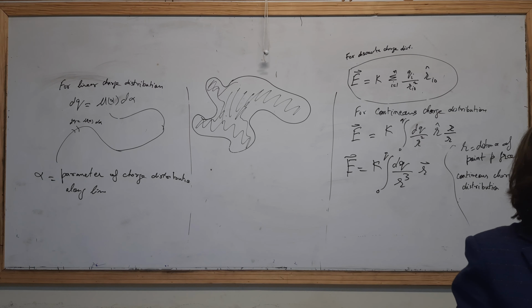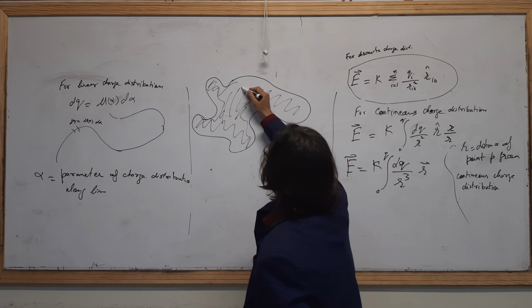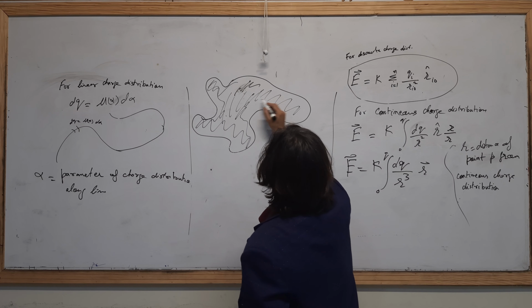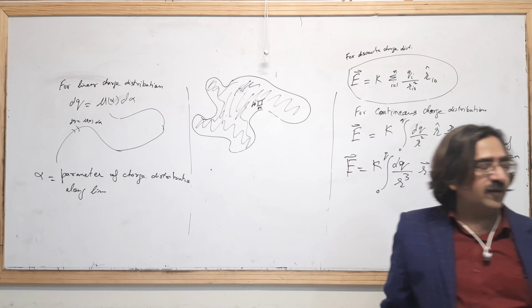These surfaces are defined as a plane. If you consider this, then it will have a pair, d alpha, d beta. So this surface distribution will have two parameters.